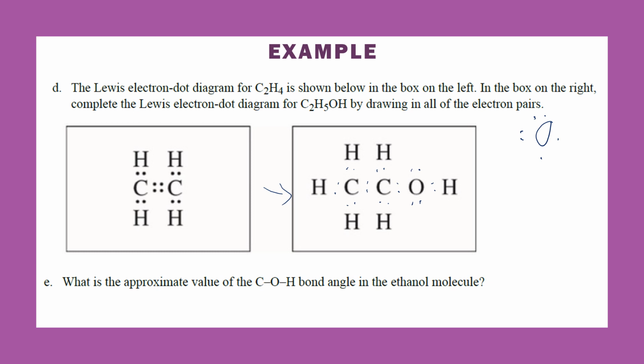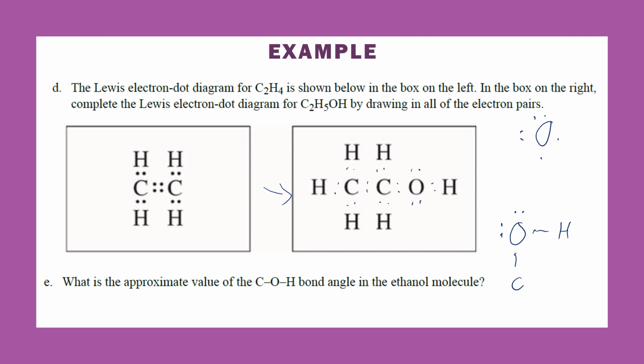Now for E, it says, what is the approximate value of the COH bond angle? So if I redraw this oxygen, we know that there are 2 lone pairs on the oxygen, and then it will have the 2 single bonds, one with carbon, one with hydrogen. It's hard to show this on a flat piece of paper because it's a 3-dimensional structure.